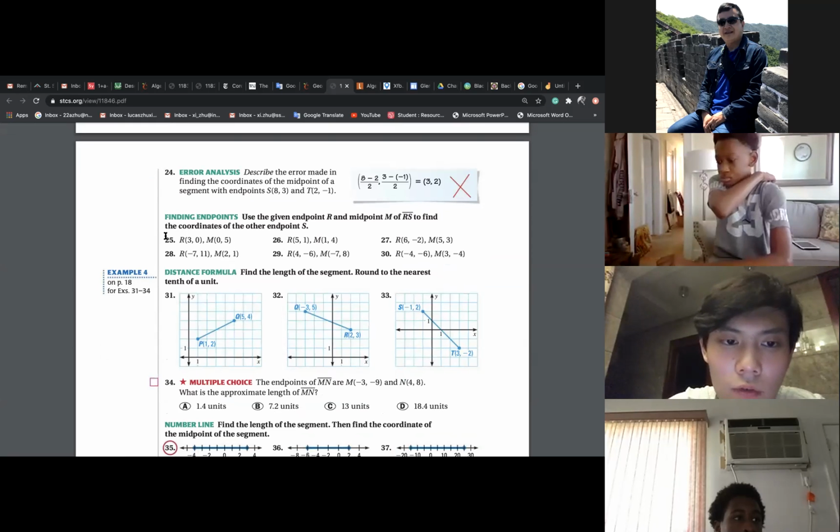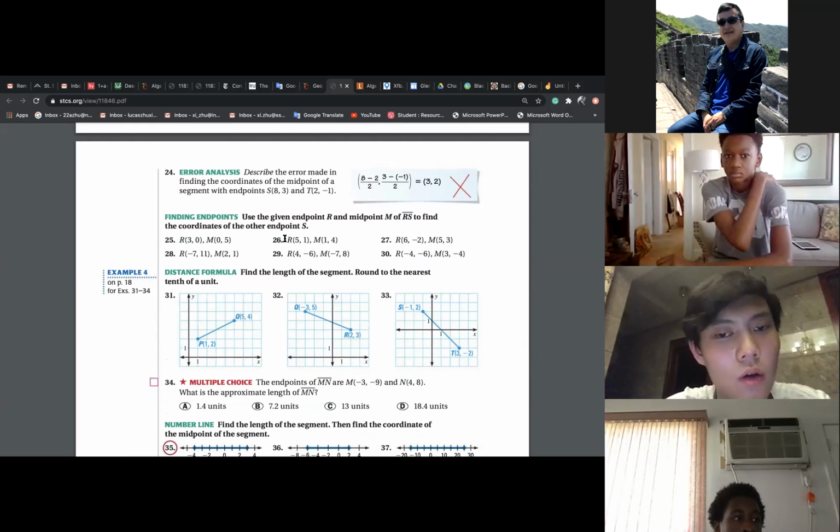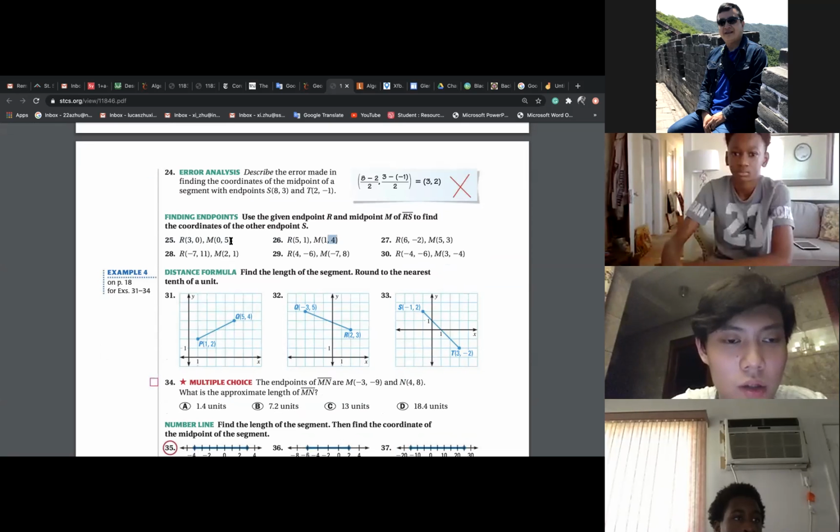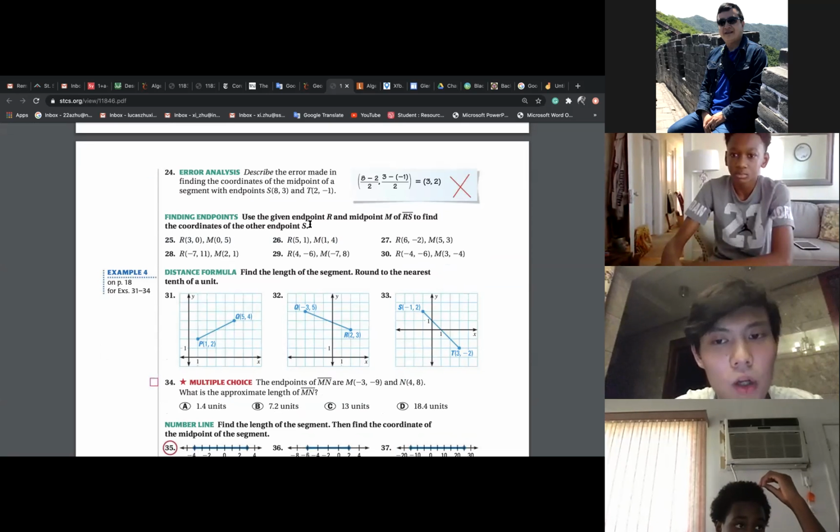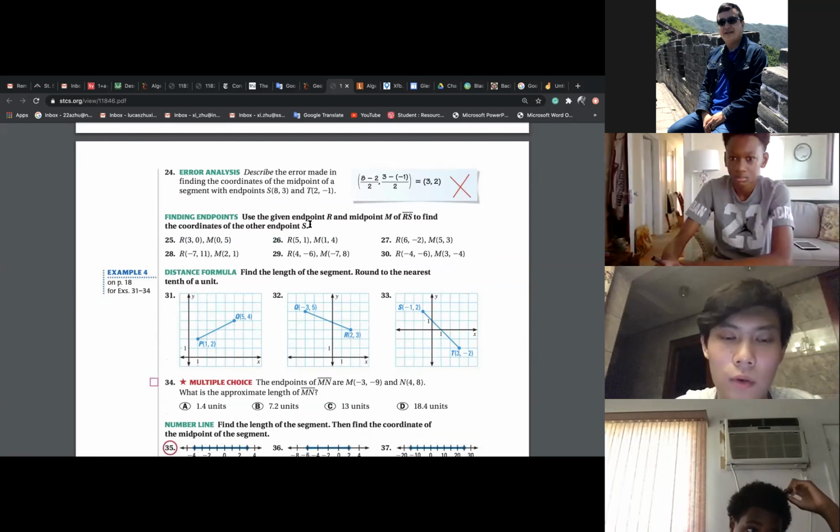And also finding endpoints. We didn't do that during the class, but you guys can try it. You just use the midpoint formula, which is x1 plus x2 divided by 2 for the x value, and y1 plus y2 divided by 2 for the y value.